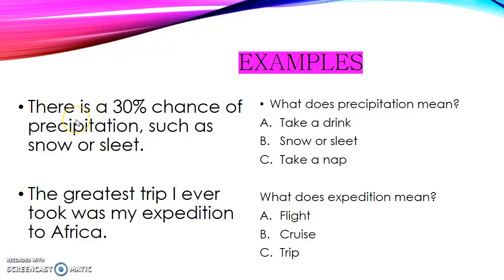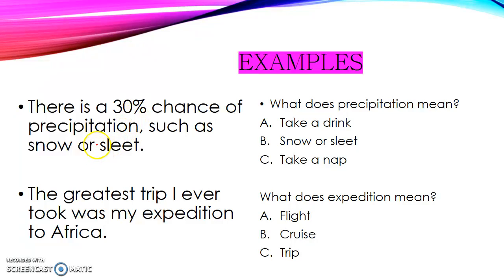It says there is a 30% chance of precipitation such as snow or sleet. What does precipitation mean? Okay, go back to my sentence and I see that 30% precipitation such as snow or sleet.